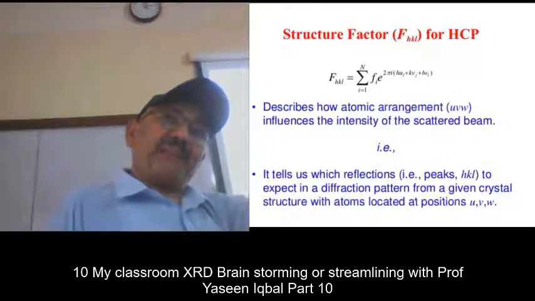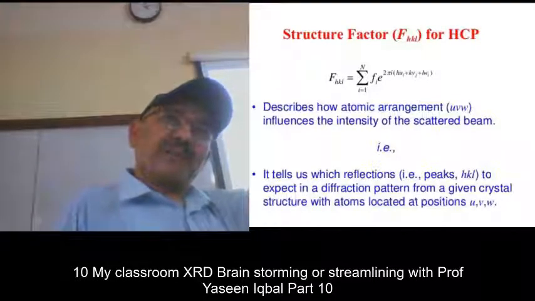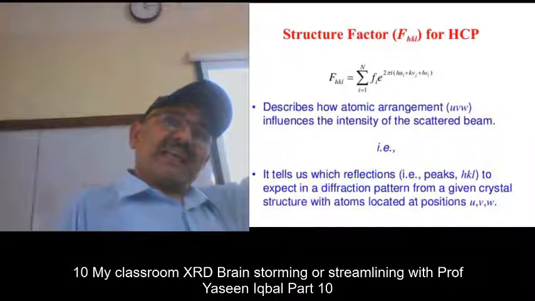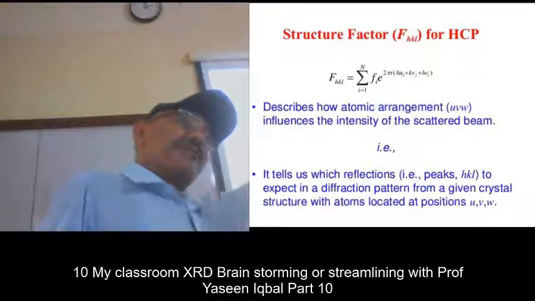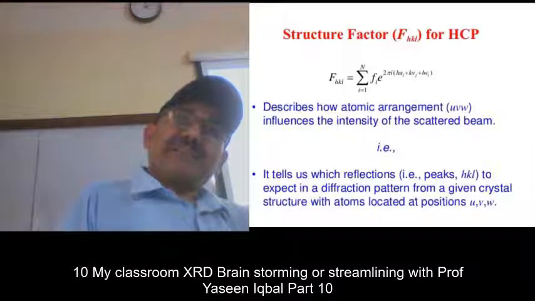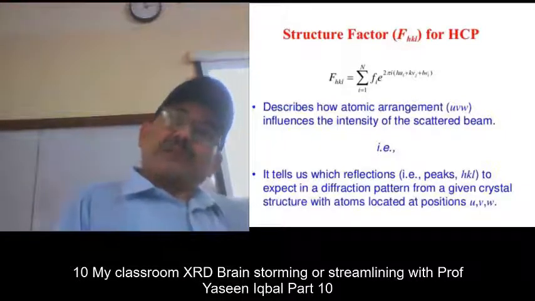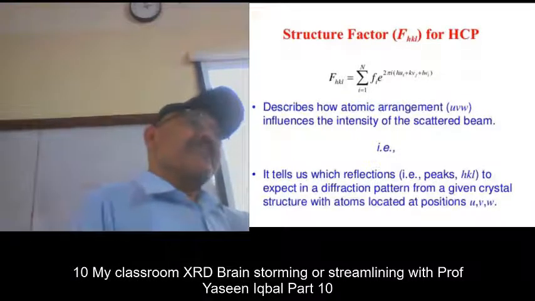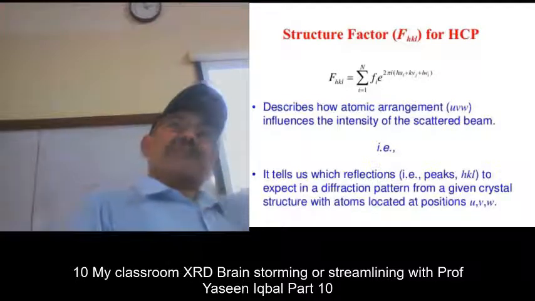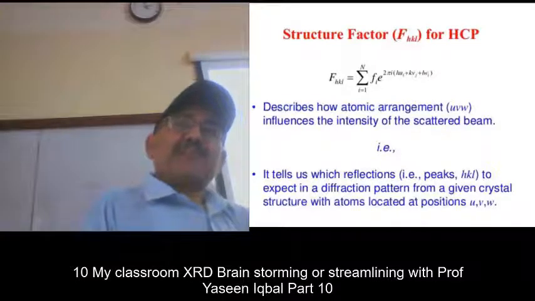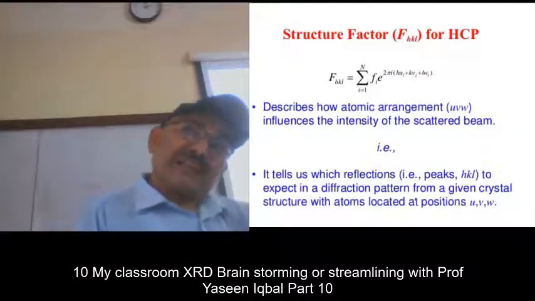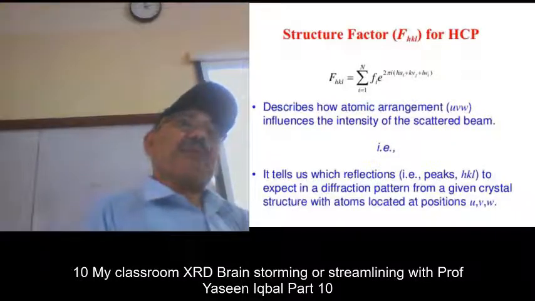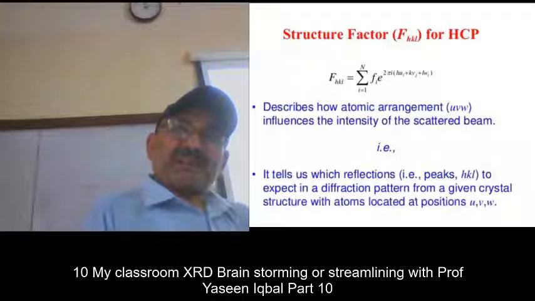right? And when the value of both contributions is 0, it will give you 1. So the structure factor will be f_i, right? So it will depend solely upon the atoms. If cos theta plus i sin theta gives you different values, for example -1, then it will come down and it will change the structure factor.